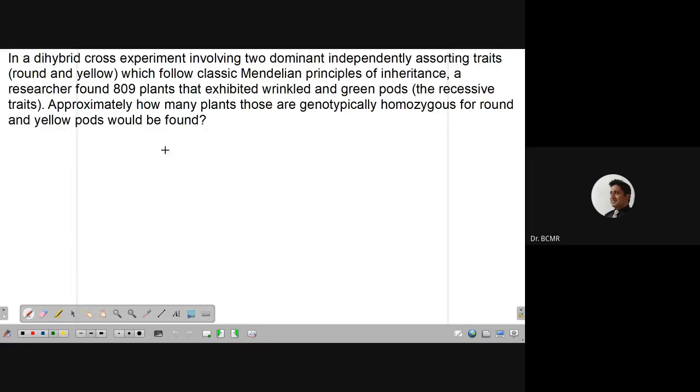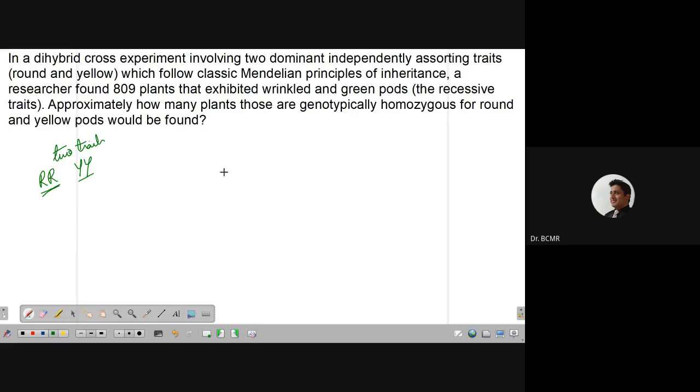In a dihybrid cross, that means we are talking about two traits, involving two dominant independently assorting traits, round and yellow. So the dominant would be R, and yellow is the seed color, round is the shape. Which follow classic Mendelian principles of inheritance.